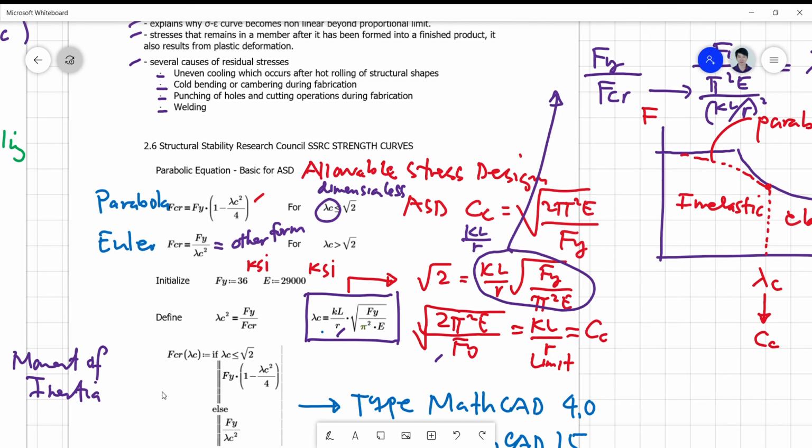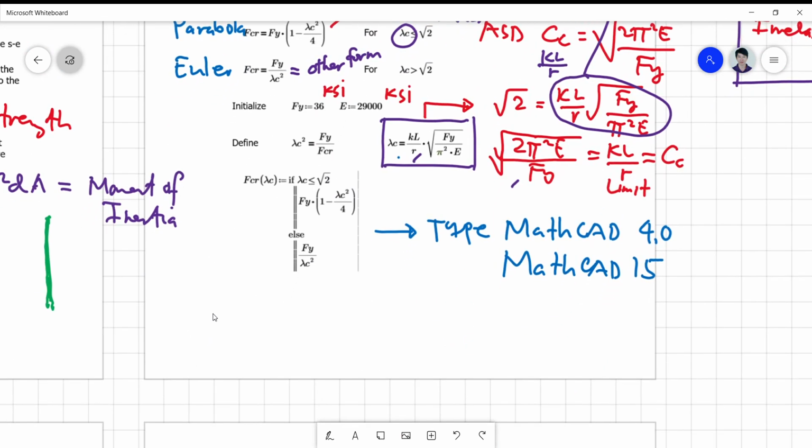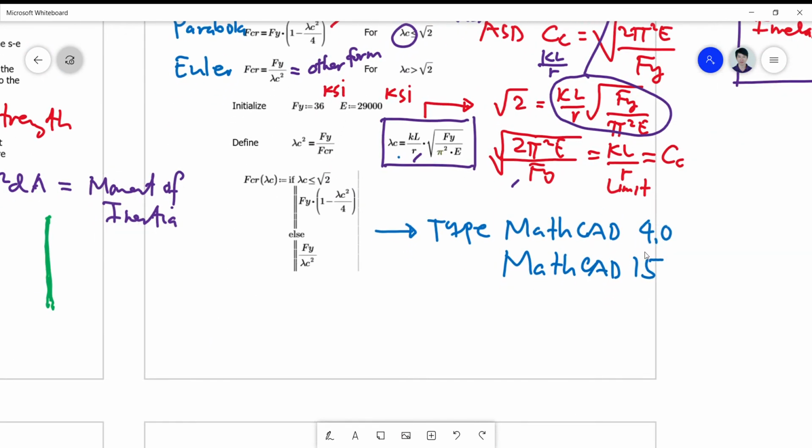So let me now show you how to plot it in MathCAD 14 or MathCAD 15 using a MathCAD solution.